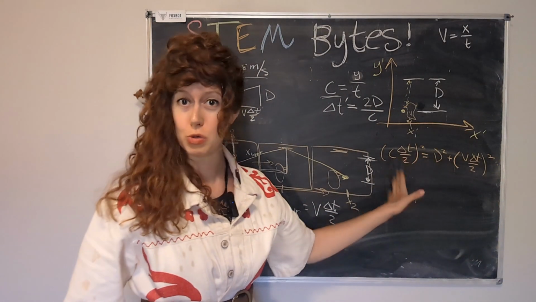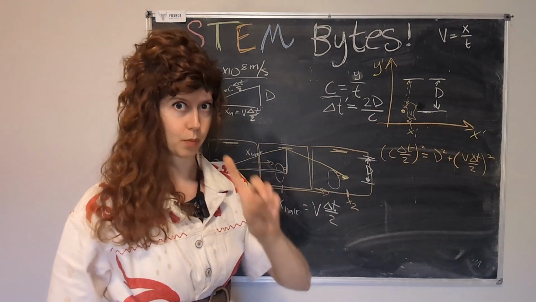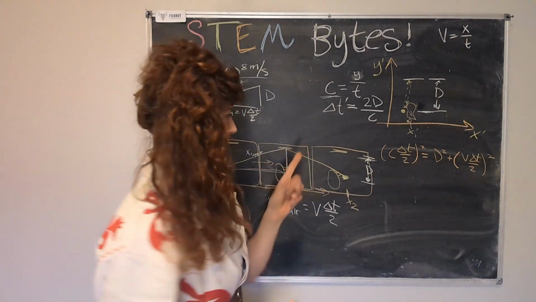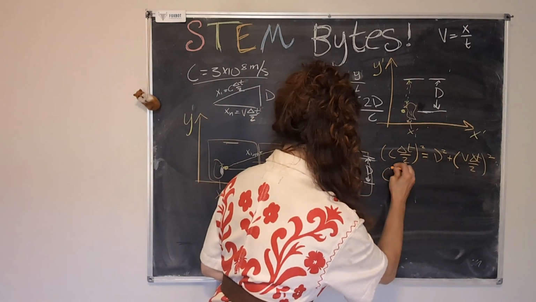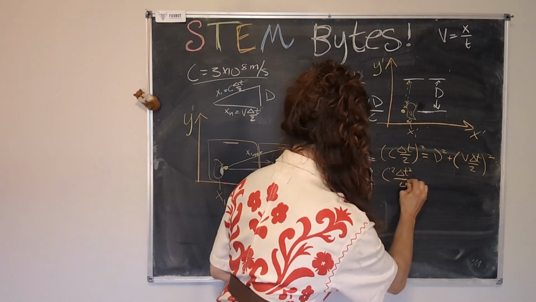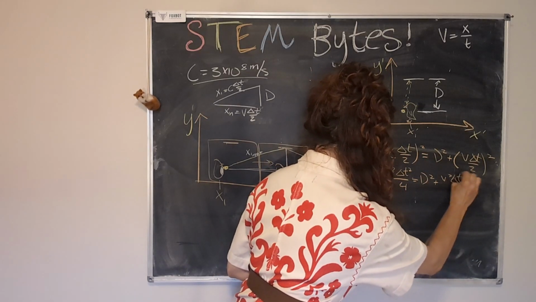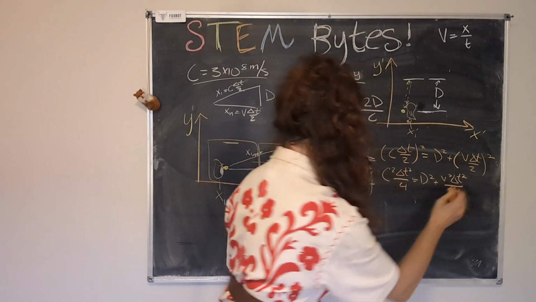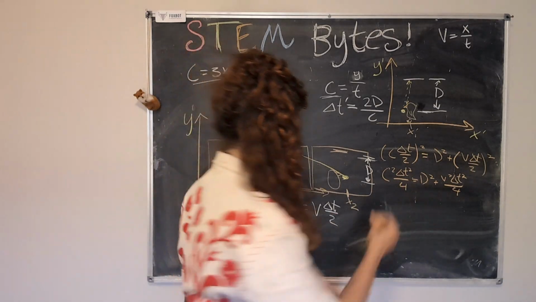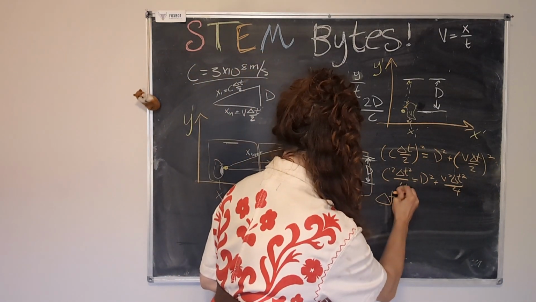And now we just do some algebra and solve for delta t. Bear with me. You can speed this up if you don't want to go through a bunch of algebra. So we get c squared delta t squared over 4 equals d squared plus v squared delta t squared over 4. We move all the t's to one side and pull them out.